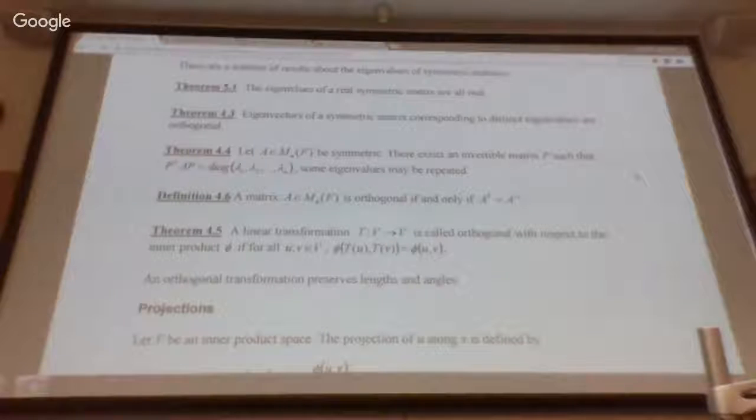For a general matrix which you don't know to be symmetric, the eigenvectors corresponding to different eigenvalues will not necessarily be orthogonal to the other ones, but they will be linearly independent of the other ones.